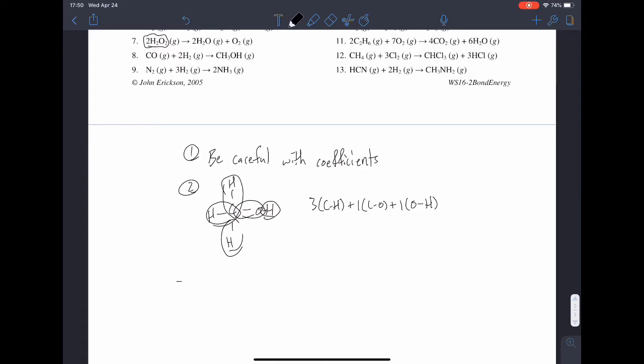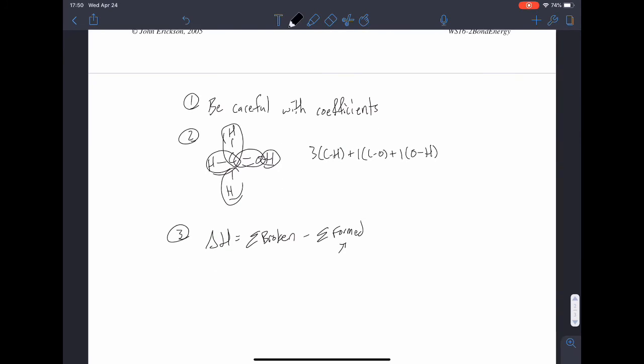And the last thing to remember is the general formula says that the sum of bonds broken minus the sum of bonds formed. So here, there could be multiple bonds that are formed, but you have to remember that you're subtracting all of that value.